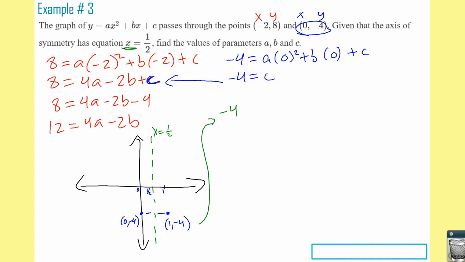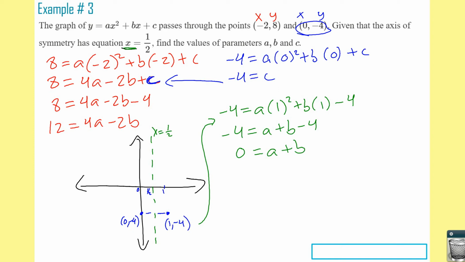So let's plug that point into our equation. I get -4 equals a times 1 squared plus b times 1, plus c, but we know c is -4. So we get -4 equals a plus b minus 4. Move the 4 over.